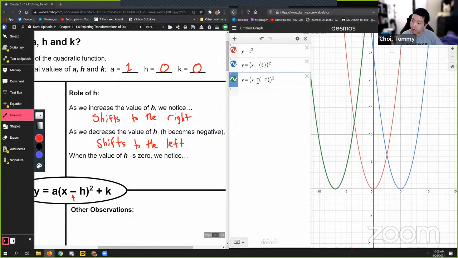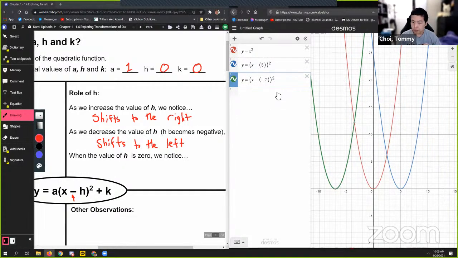But when we simplify it mathematically, we get x plus 7. So that's why it reverses, like Stefan is typing in the chat right now. It's a little bit weird, and that's why it works out this way. Very, very odd.